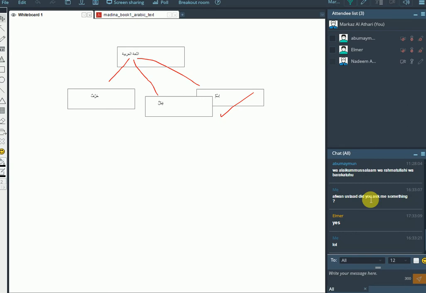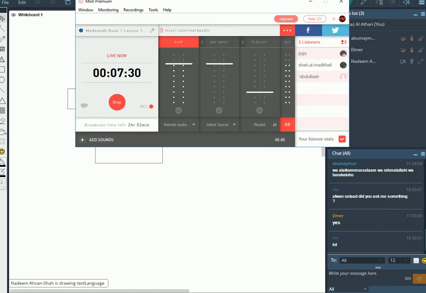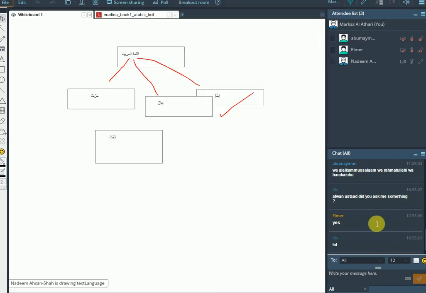Words like, let me write them down over here. So we had words like tahta, and we had the opposite, which was, what was it, brothers?